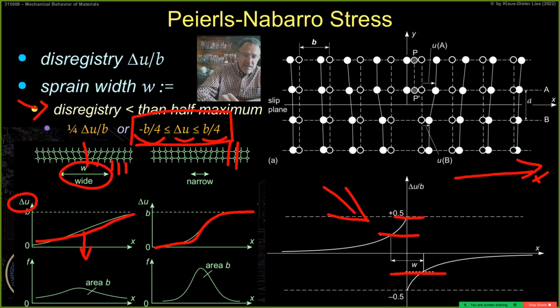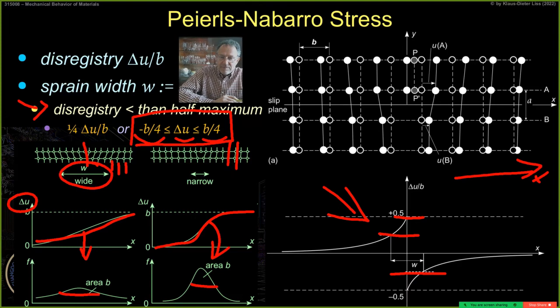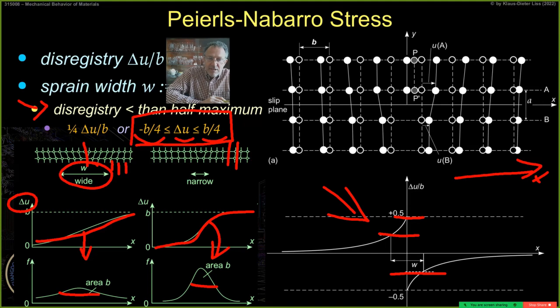If we take the derivative of that curve, then we get this peak here, and the derivative of the narrow curve gives you a narrow peak, while the area of the displacement must be b, the Burgers vector b. So when you integrate over all disregistries, the total disregistry is the dislocation, which is the Burgers vector b.